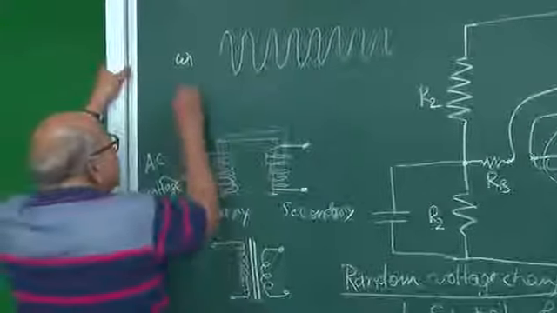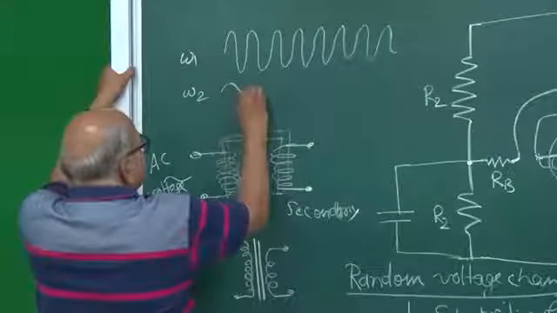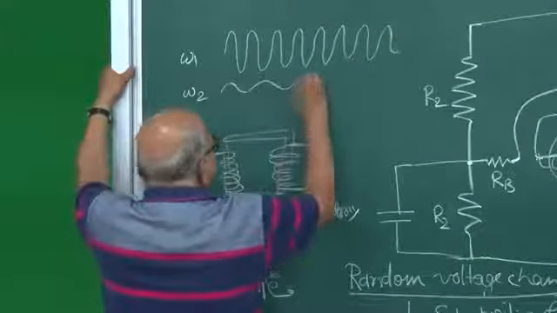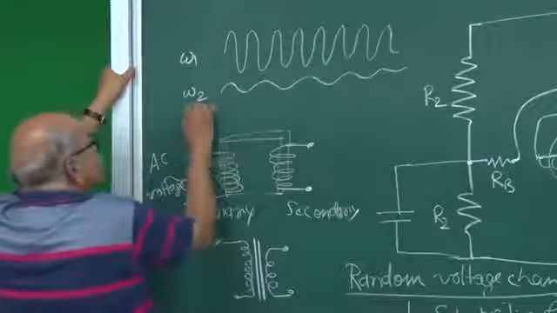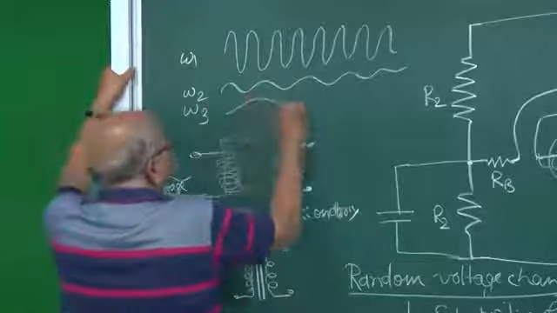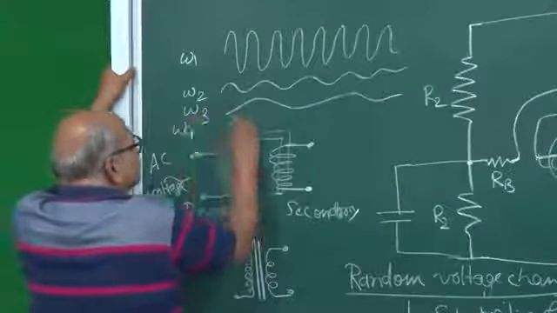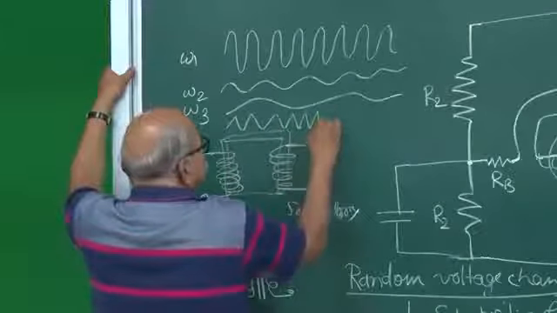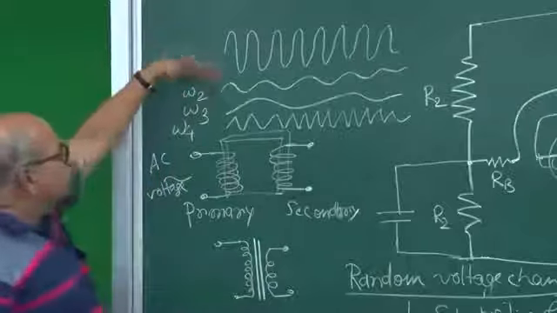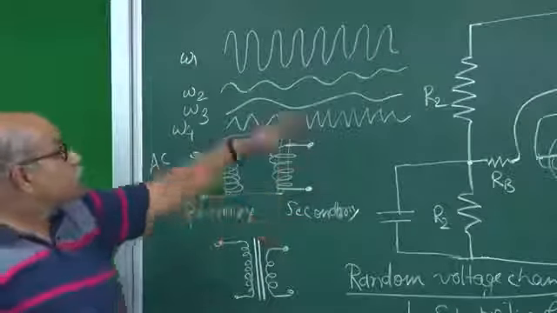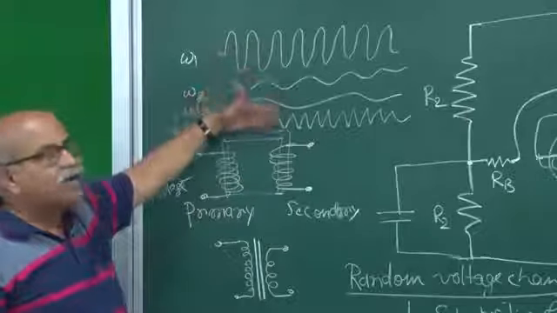If you take various angular frequencies and adjust your amplitudes properly, this is omega 2, you have some omega 3, you have some omega 4, a large number of appropriately chosen frequencies and amplitudes.